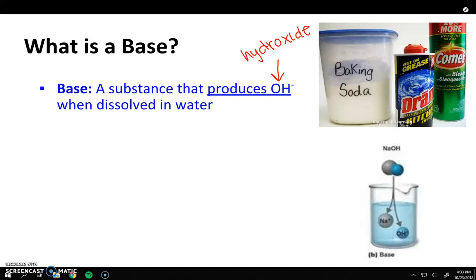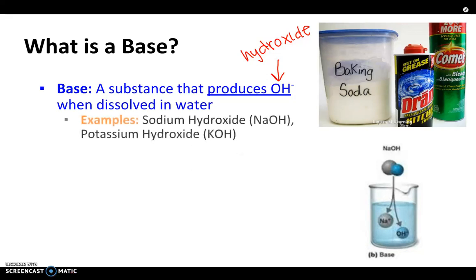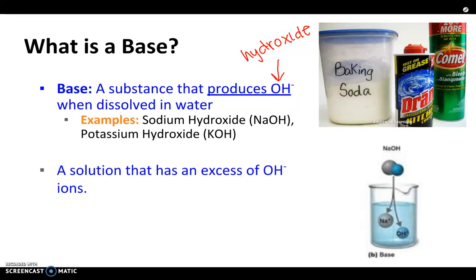So, bases like baking soda or Drano or Comet or bleach all produce OH minus in water. So some chemical names would be sodium hydroxide or potassium hydroxide. And a solution that has an excess of OH minus ions is going to be more basic.